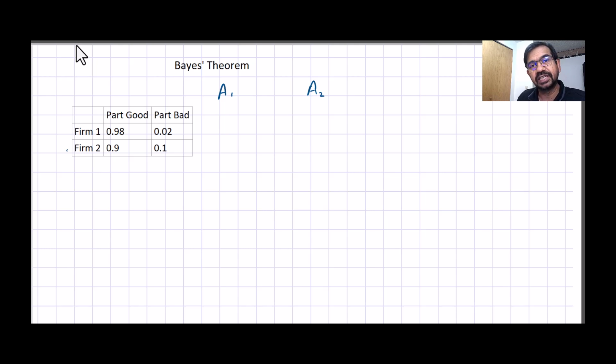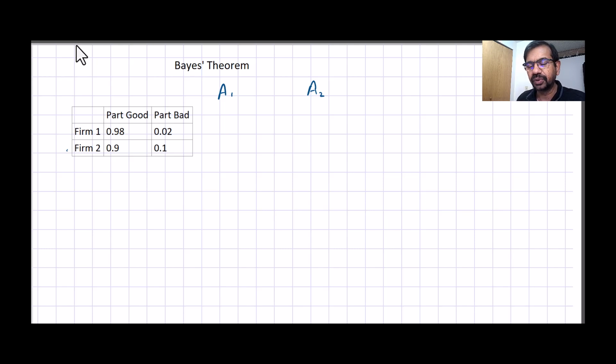Now these parts can be good or bad, and the table that we have here is giving us a distribution of those. But Bayes theorem helps us figure out, let's say we get a part that is bad. What is the probability that that part may have come from, let's say, firm 1?